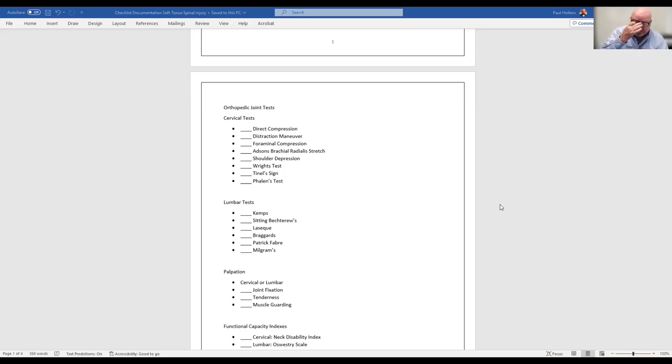You'll be surprised. Is Adson's going to be directly related? No, it's going to be a secondary test, because that's a vascular test. That's a neurological vascular test into the extremities.